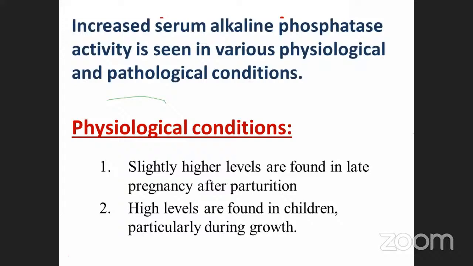That's why in pregnancy or in growing children, slightly higher alkaline phosphatase activity is observed. Understood? What is the reason why in pregnancy alkaline phosphatase activity is slightly higher? Next, high levels are found in children, particularly during growth.